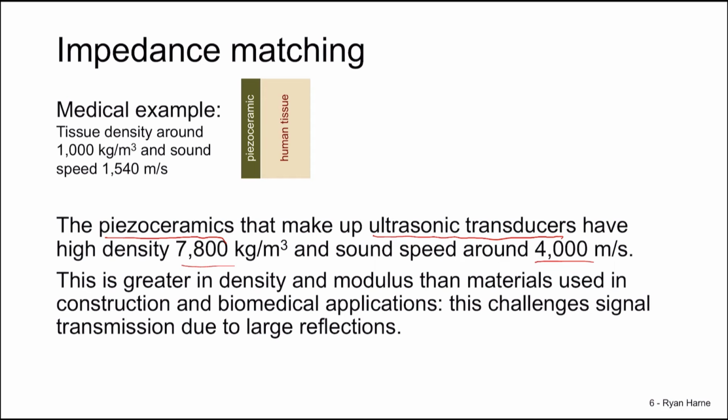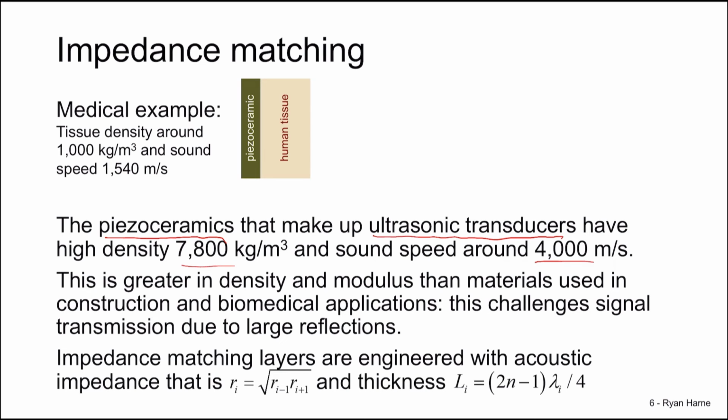Take, for instance, tissue. In biomedicine, tissue has density around 1,000 kilograms per meter cubed, just like water, and it passes sound at around 1,540 meters per second. If we directly apply that piezoceramic of the ultrasonic transducer to the tissue, almost all of the pressure and power would be reflected.